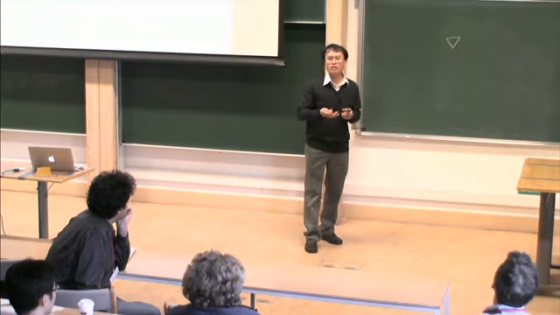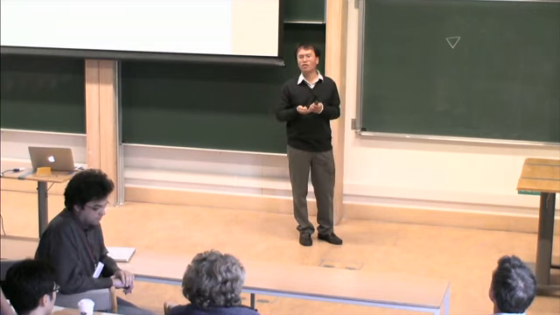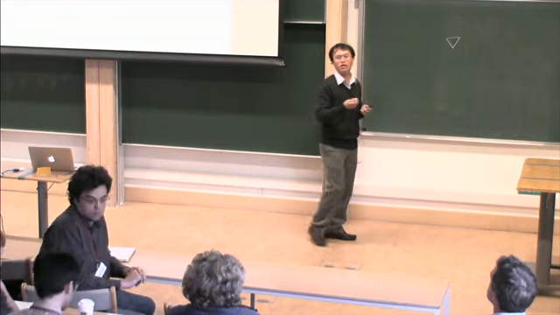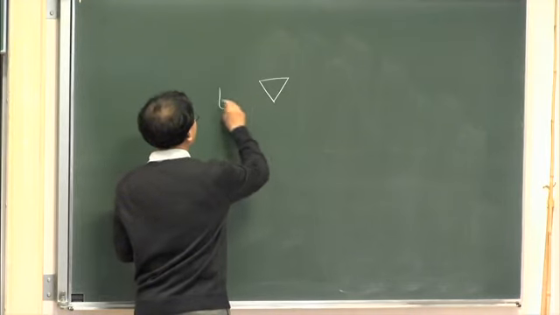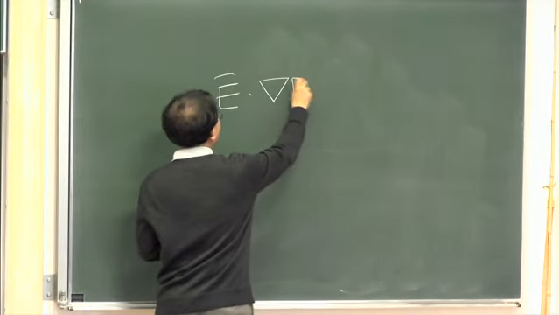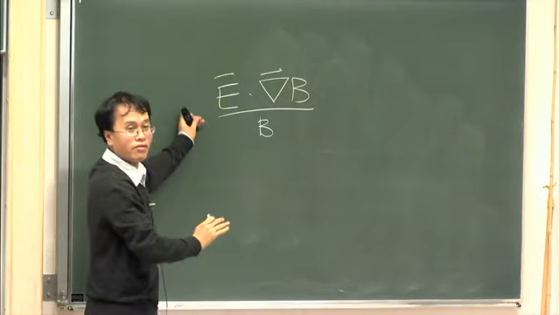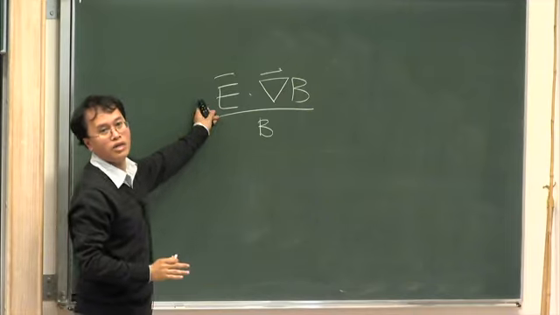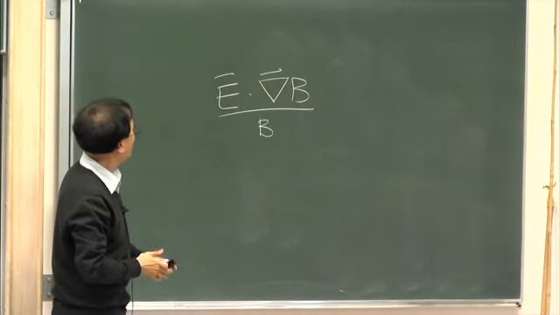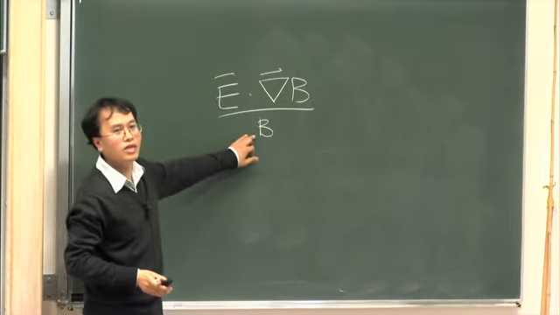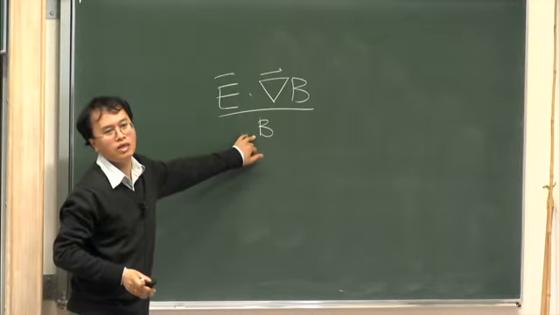What turned out is that not all of them have arbitrary coefficients. Some of them have universal coefficients. One of these terms would be E dot gradient of B divided by B. The coefficient in front of this term is universal. You might be surprised that there is a B in the denominator, but it's not surprising.